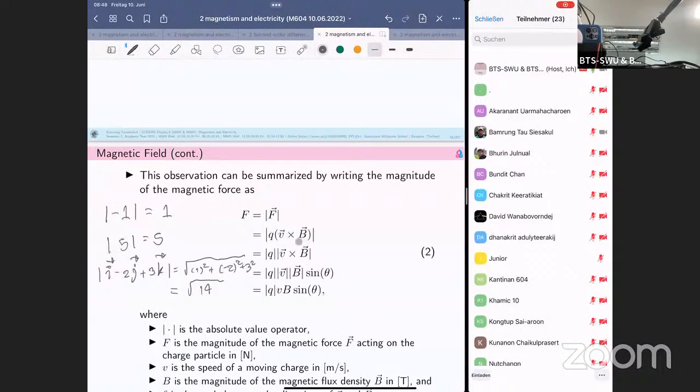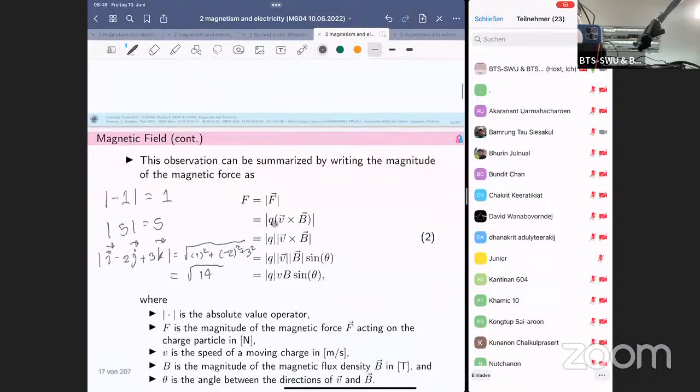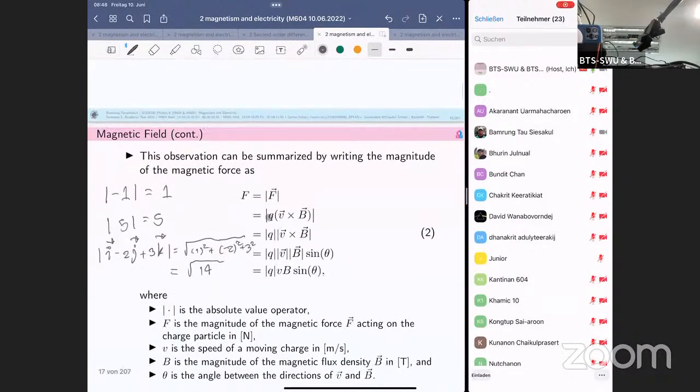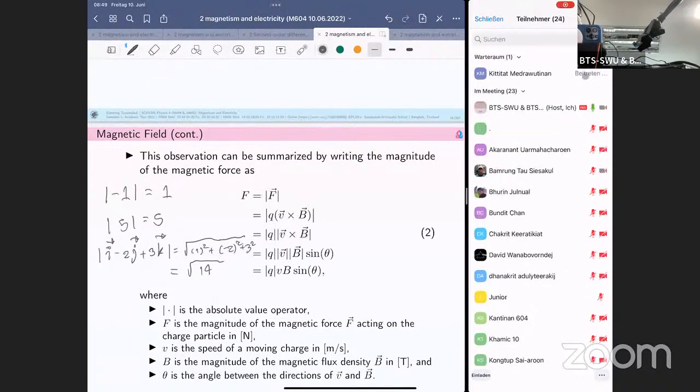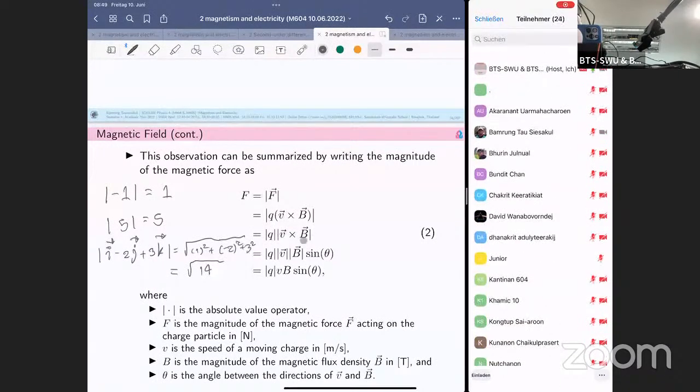Okay, that covers every variable, these three variables, and because this is the product between two things, right? The charge, which is the scalar quantity, and this is the vector value, and the absolute value will cover the charge, which is the constant, a scalar, and the absolute value operator will also cover the second part, which is the cross product result.